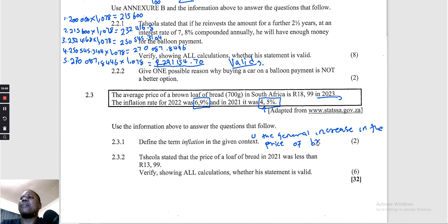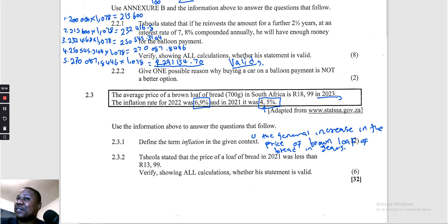I'm going to be specific according to this context. The price of a brown loaf of bread in years, because the prices have increased.